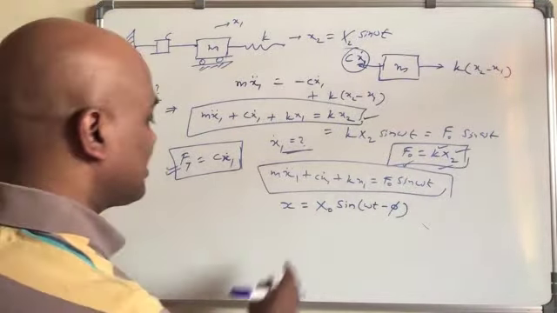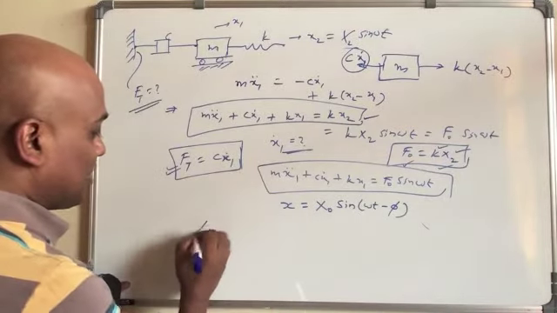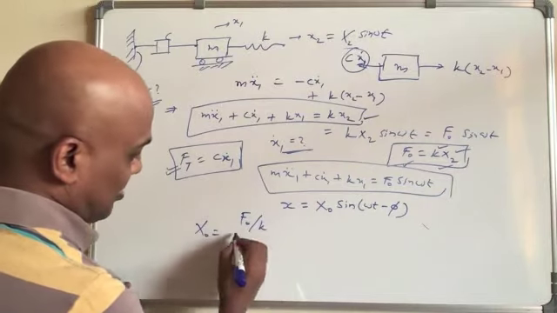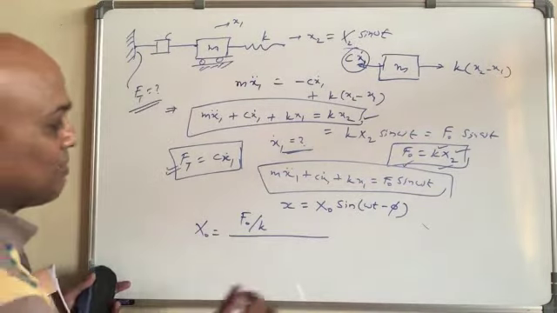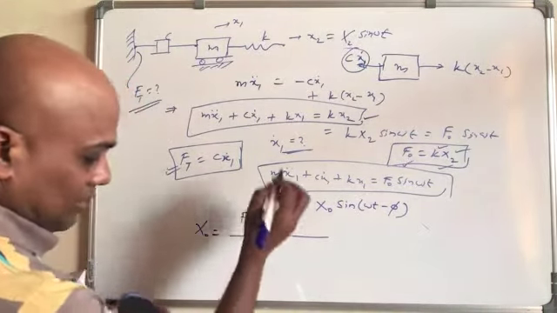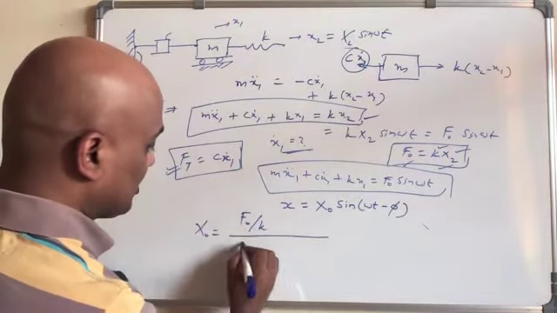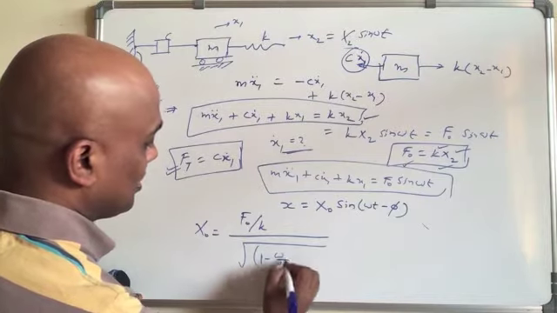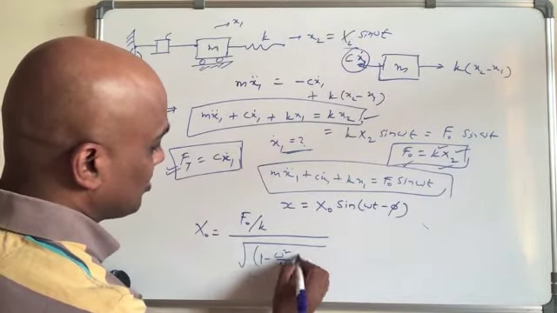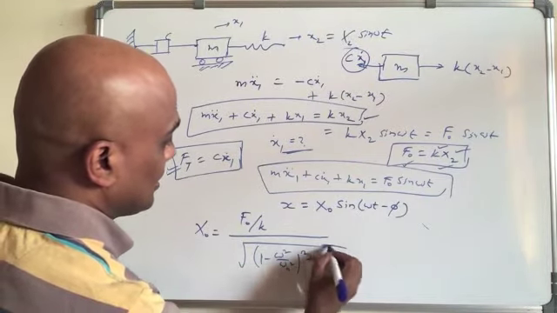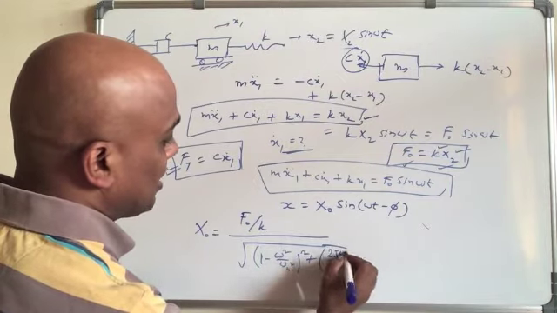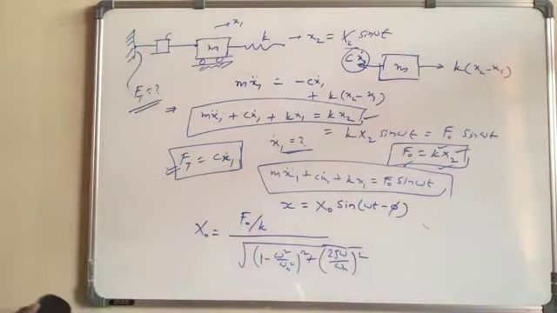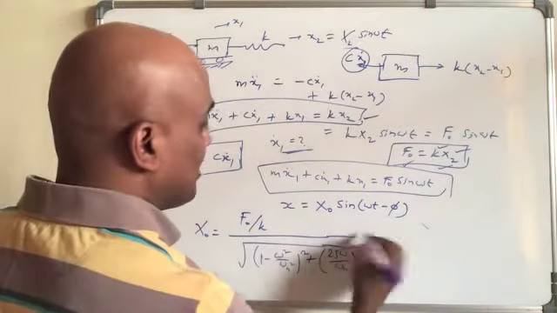Where x naught is equal to F naught divided by k, divided by the square root of (1 minus omega squared over omega n squared) squared plus (2 zeta omega over omega n) squared. So this is your x naught.